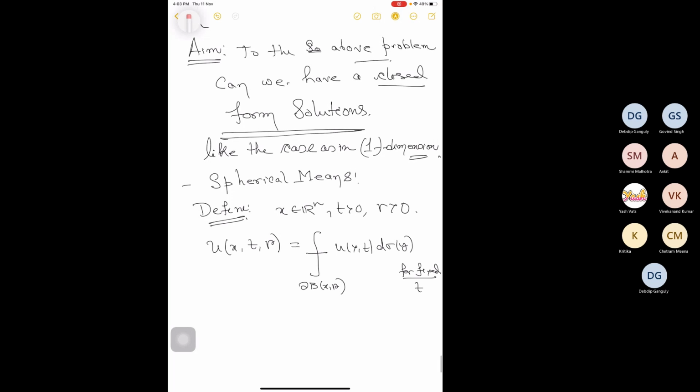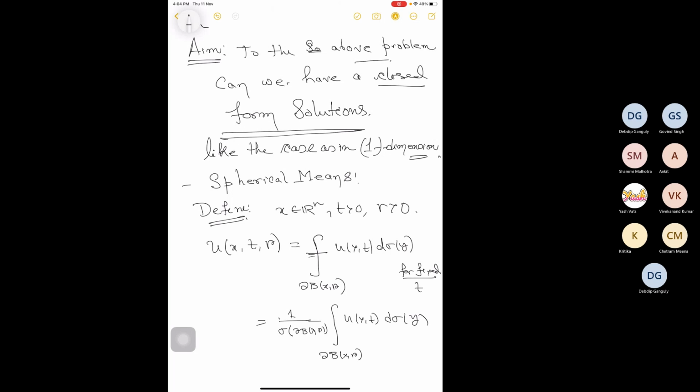You know this sign. This sign is nothing but 1 by the measure of the boundary of B(x,r), times the integral over the boundary of B(x,r) of u(y,t). This is called the average.